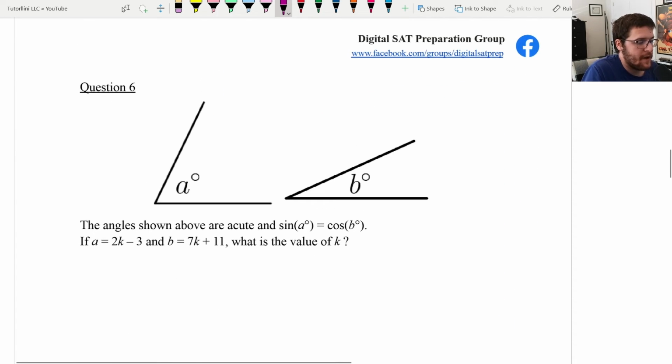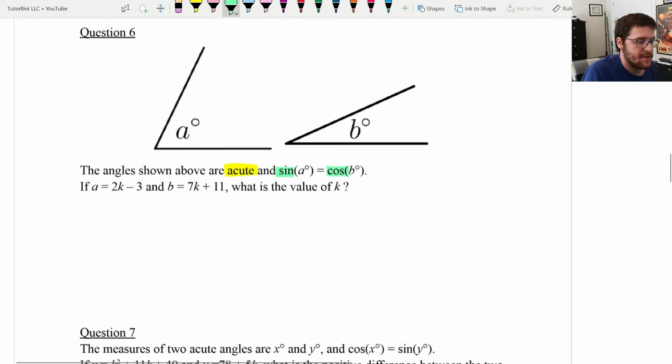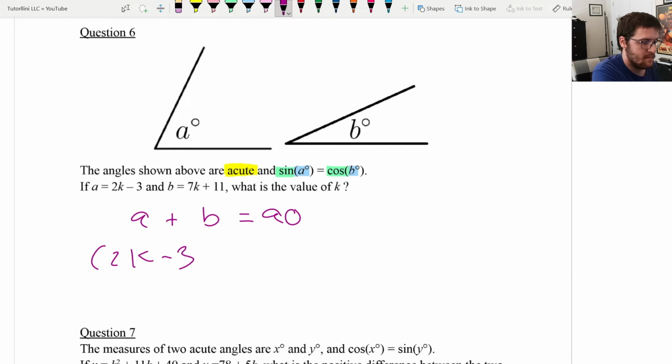Okay, this picture and this context, this picture really isn't important at all. Really what's important is that they tell us that they're acute and that sine is equal to cosine. So that means the things on the inside must add up to 90. So a plus b must be equal to 90. And a is 2k minus 3, and b is 7k plus 11.